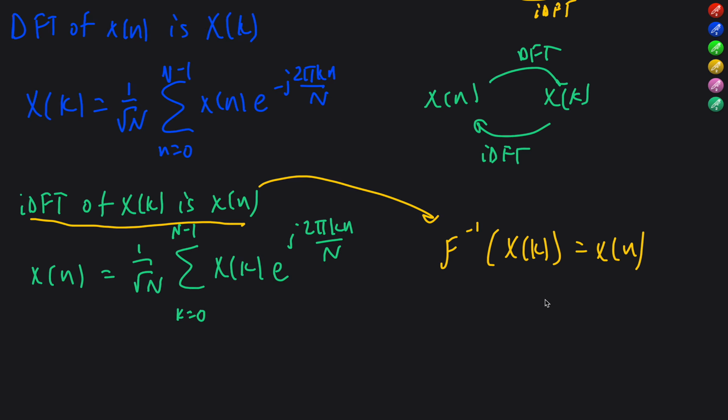And the other thing we set up here was that the DFT of x of n is big X of k, so I can replace this guy with the DFT of x of n. What we're saying is that the inverse Fourier transform of the Fourier transform of a signal is the signal itself. That's the identity that we get with this IDFT.